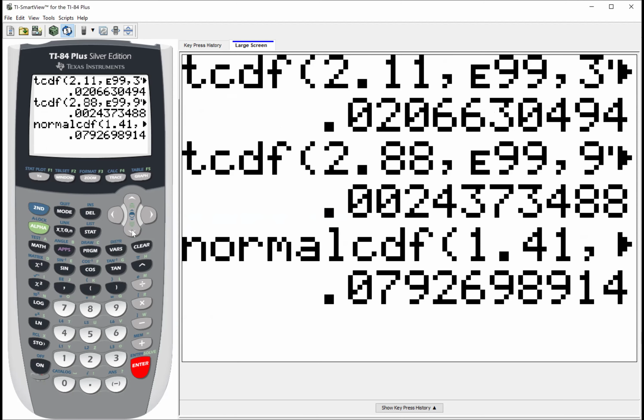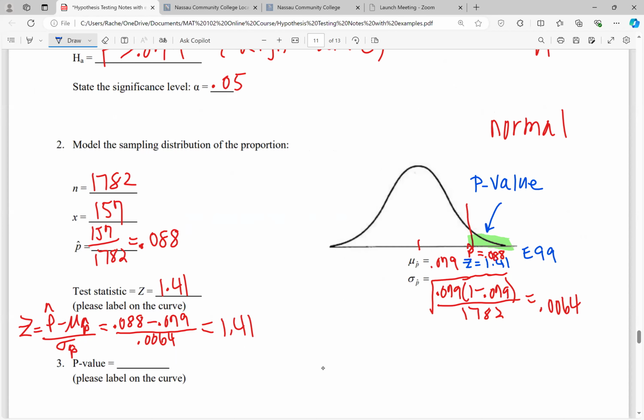And we get a p-value of 0.0793. So my p-value is 0.0793.